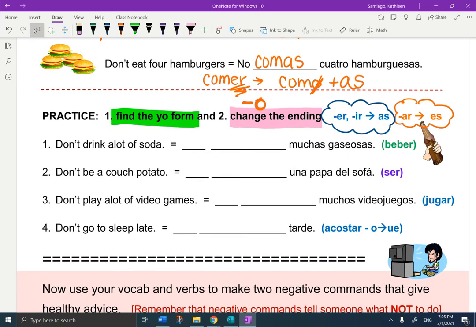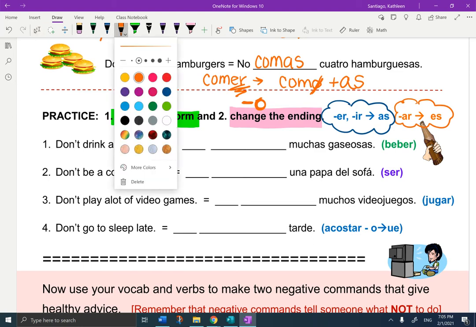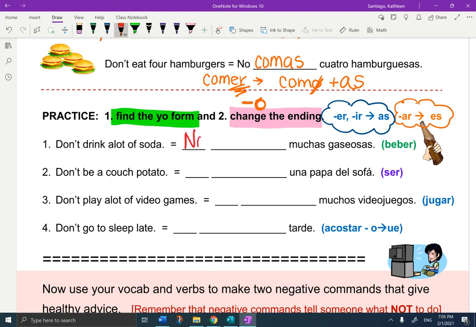Okay, let's practice these. So first of all, these are negative commands. What is going to go in that little line at the beginning to say don't? Okay, to say don't, I need to say no. And I'm going to put that there first. It's super important. Otherwise, it is not a negative command. Now, I've given you the verbs at the end. So let's go right away.